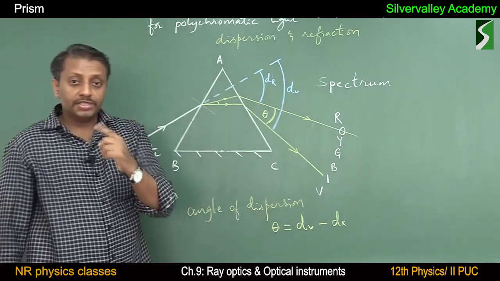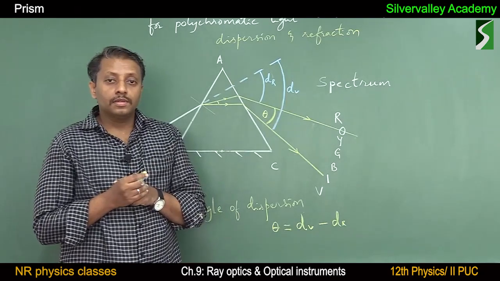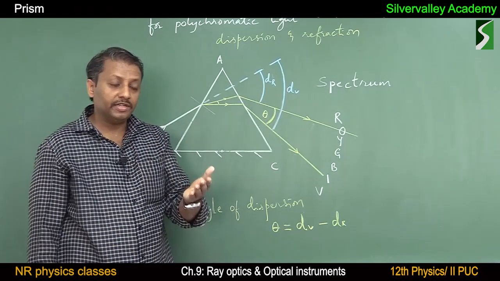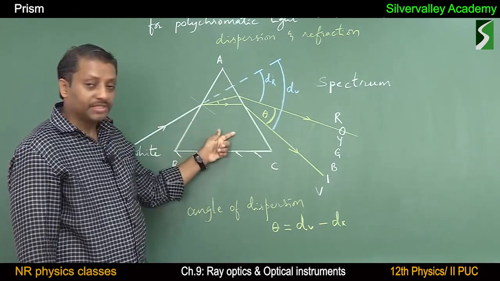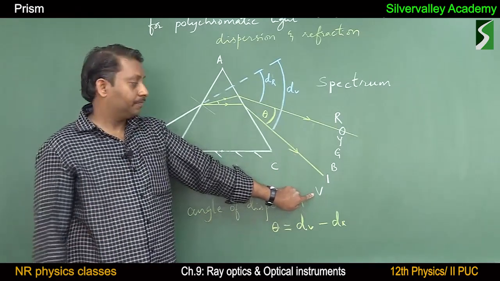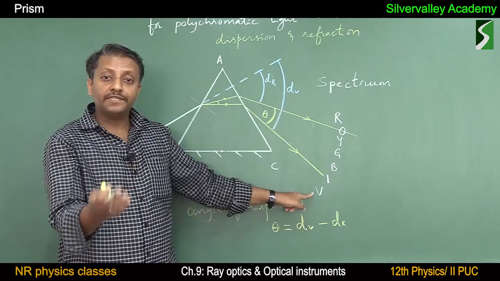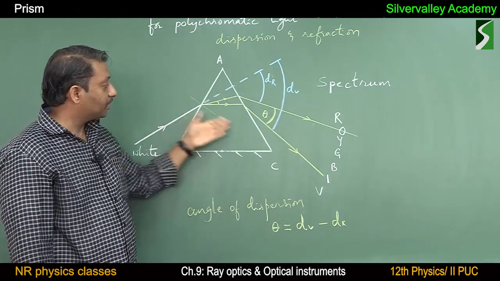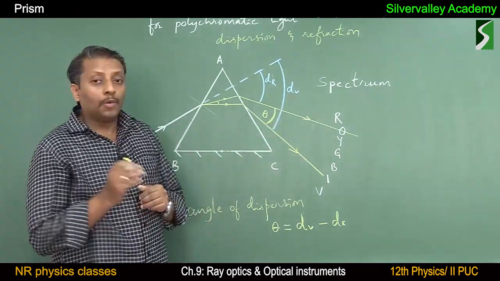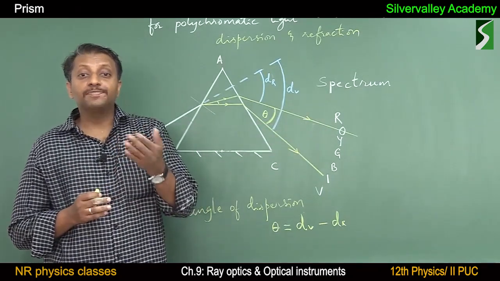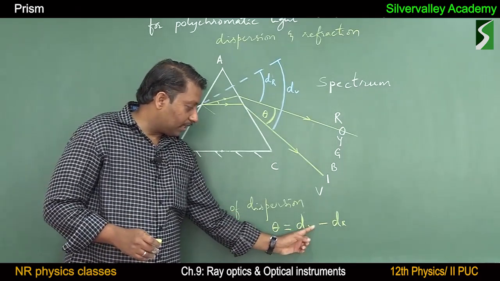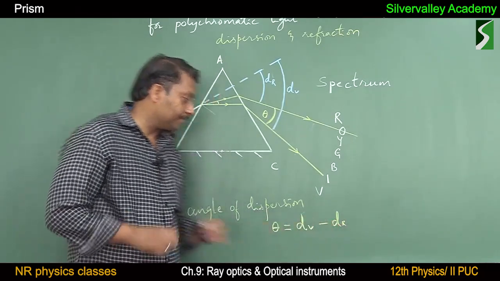So for 1 mark questions, which color is most deviated when white light passes through a prism? So answer is violet. Violet is most deviated. The other question, which is least deviated when white light passes through a prism, means it is the red which is least deviated. What is the expression for angle of dispersion? Expression for angle of dispersion is deviation for violet minus deviation for red.